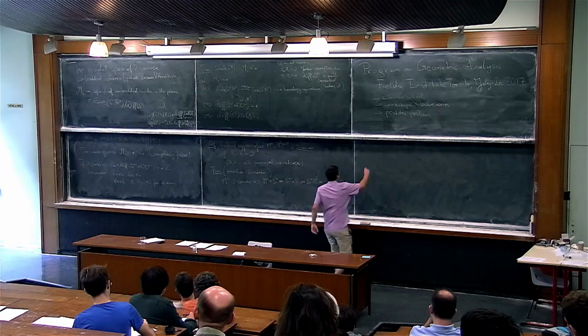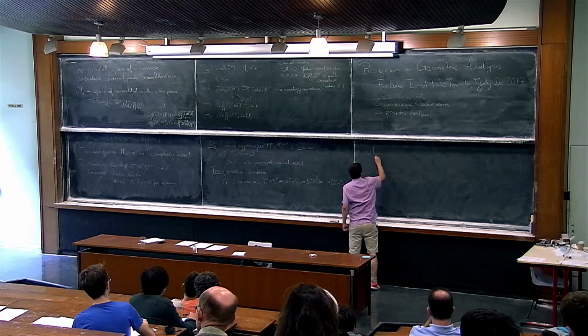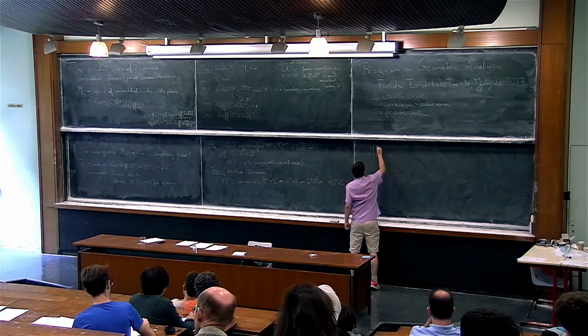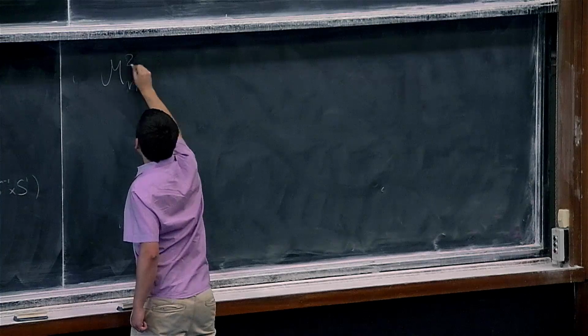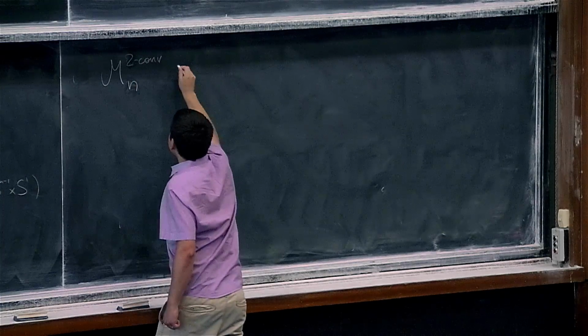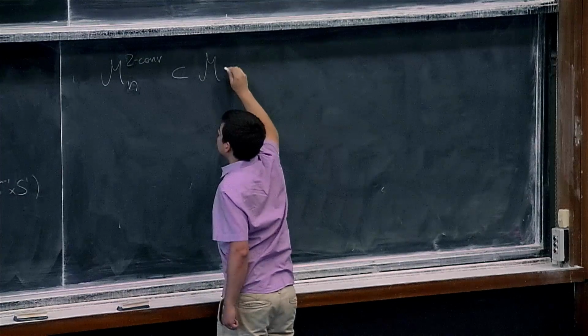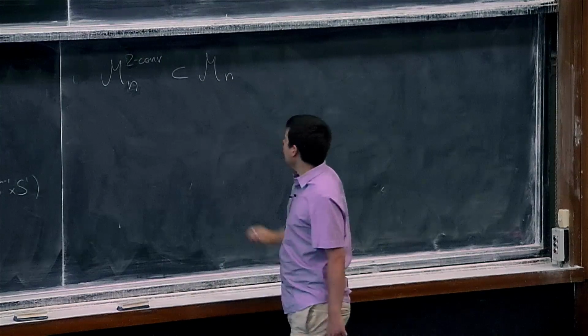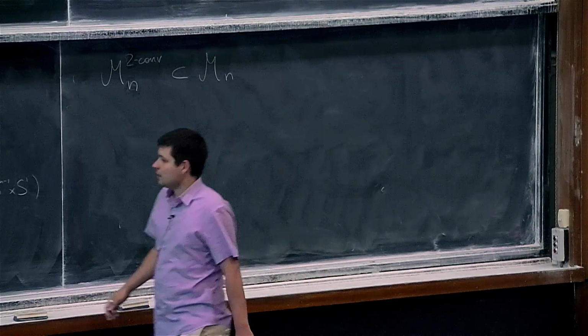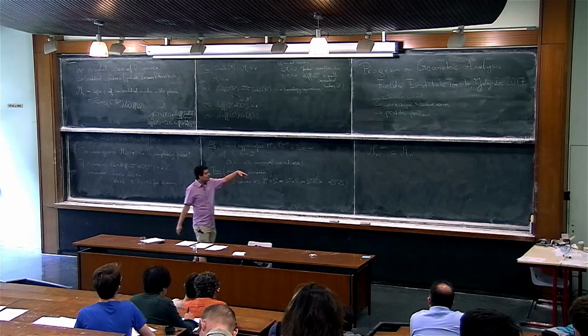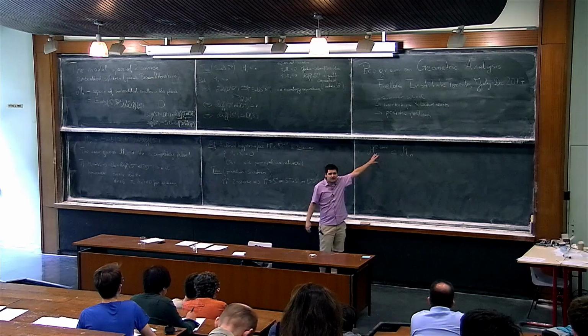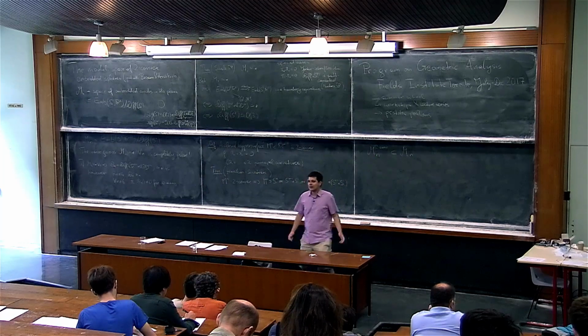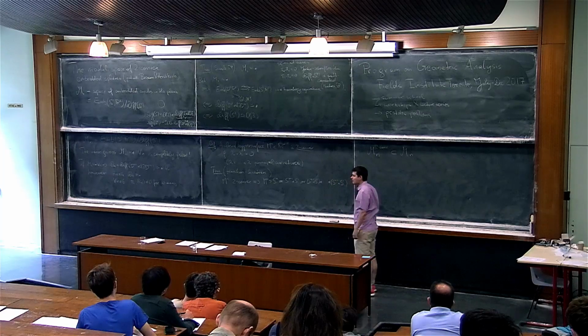Anyway, what we consider now is the space of two-convex spheres. Clearly two-convex is a geometric condition, so it's preserved under change of parametrization, so it makes sense to consider this subspace of two-convex embedded spheres. And then the question is, what is the topology of this subspace?